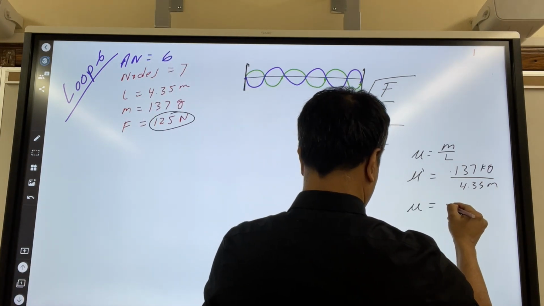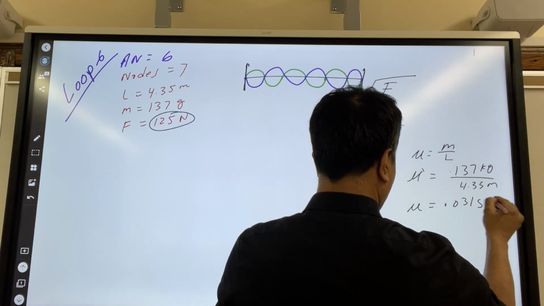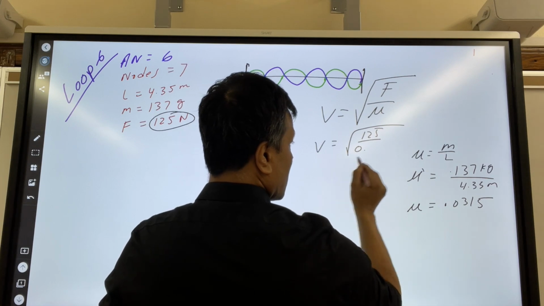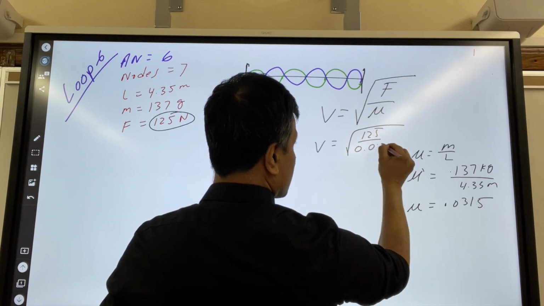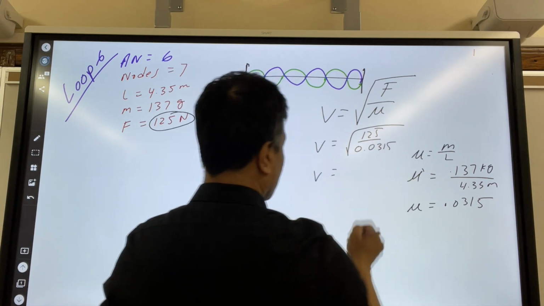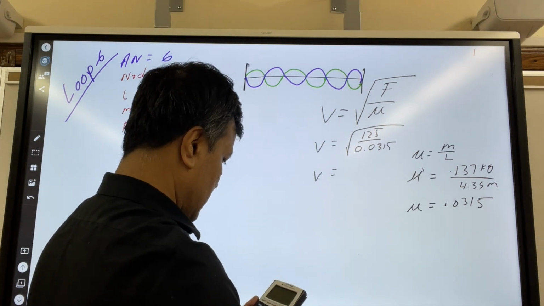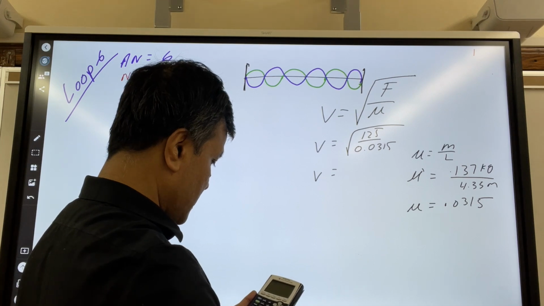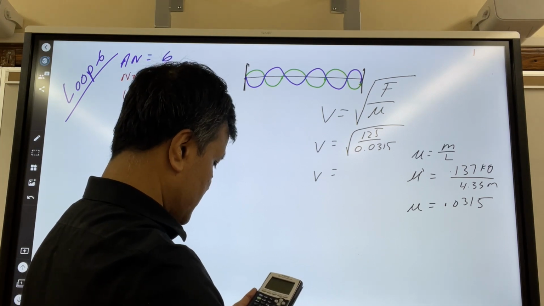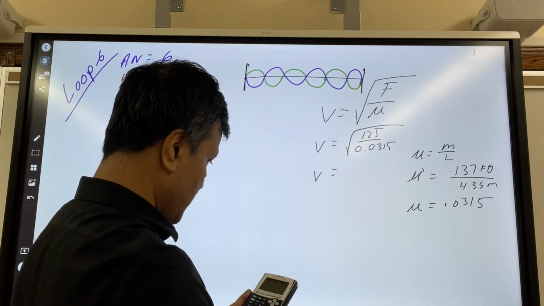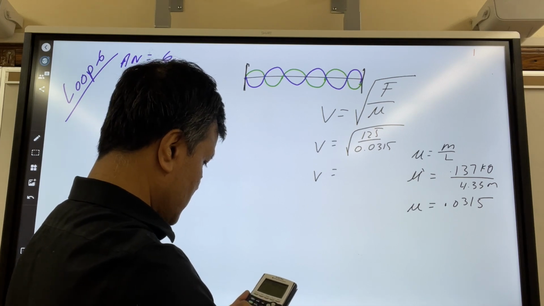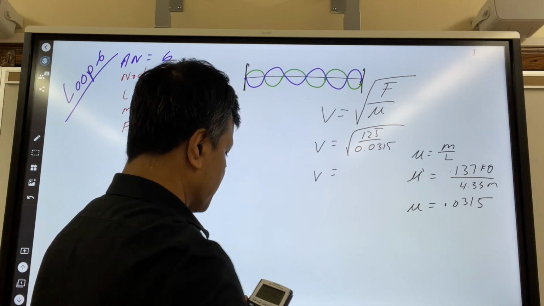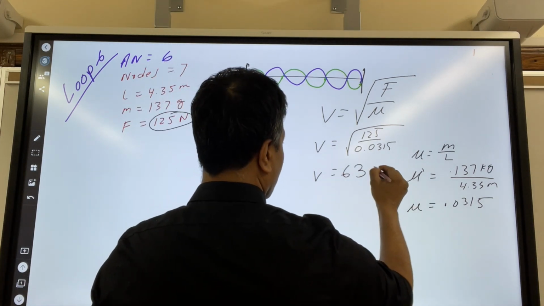So mu is 0.0315. Okay, so that's why I'm getting the wrong answer. When the answer doesn't make sense, you stop and double check. So 125 divided by 0.0315, take the square root, and you get 63. So 63 meters per second.